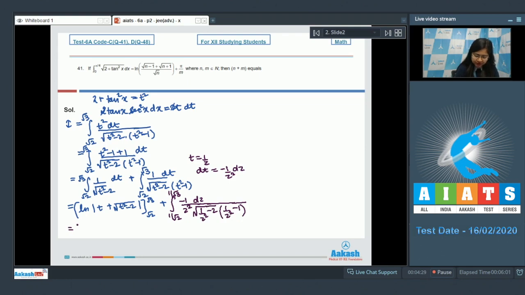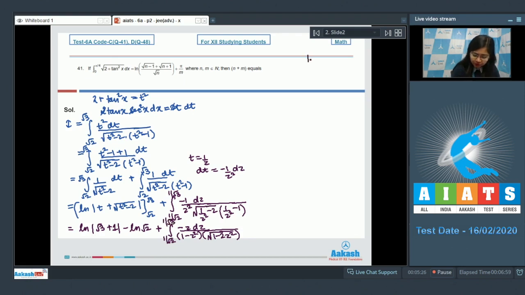Now this is further equal to, putting the limits, ln of mod root 3 plus 1, minus ln, putting root 2, square root of 2 minus 2, that is 0. So it is ln root 2, plus. Now here we get the integral of minus z dz divided by 1 minus z square into square root of 1 minus 2z square, and the limit is from 1 by root 2 to 1 by root 3.